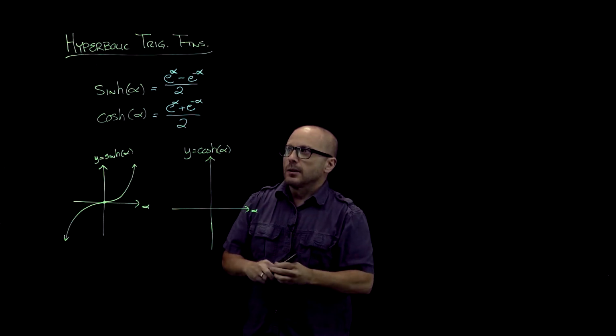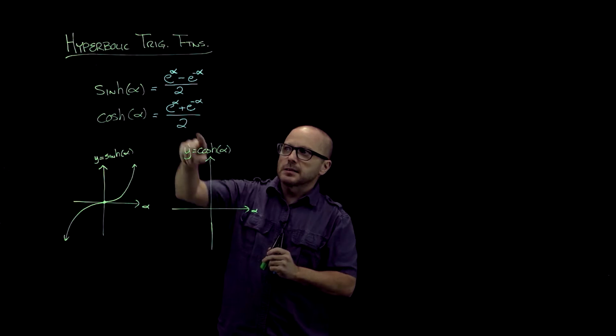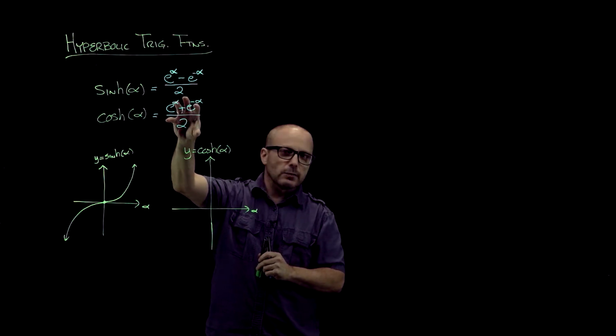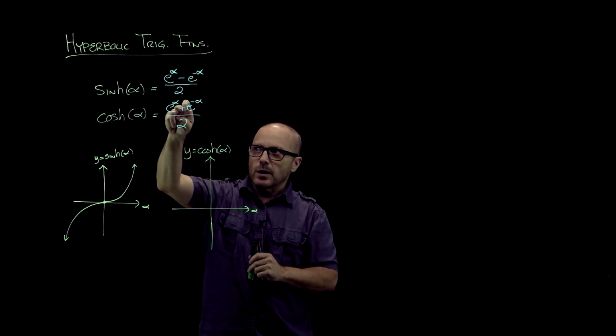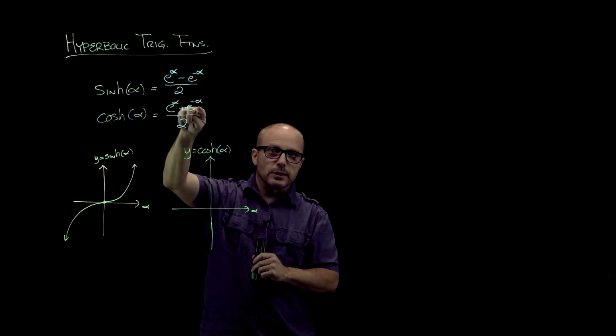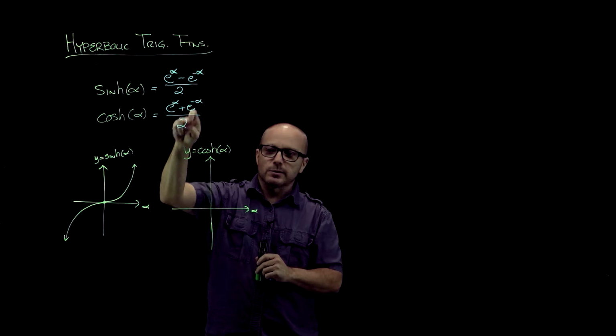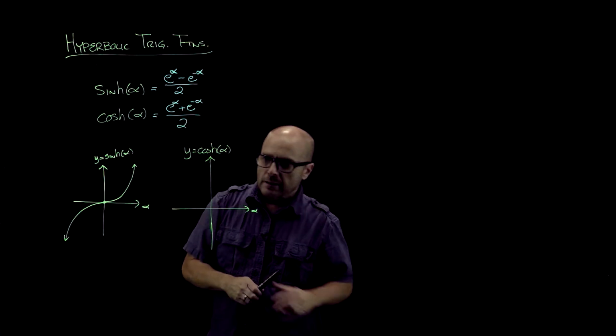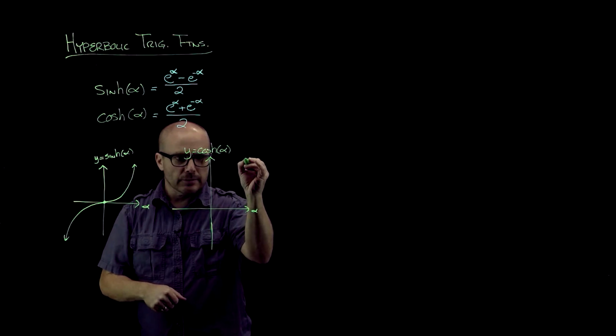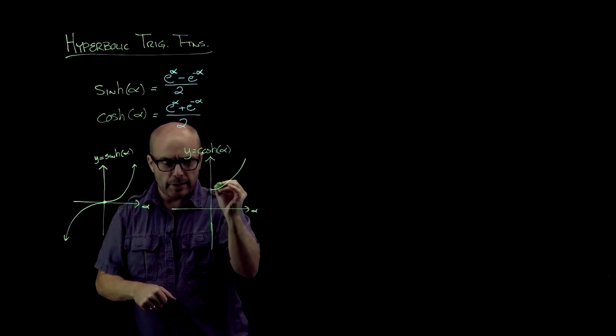What happens at 0? Well, because this is a plus, 0 is when this thing reaches its minimum, because that's when this one is 1 and this one is 1 at 0. So you have 1 plus 1 is 2 over 2. So you bottom out. So long run, you're like an exponential. You come and bottom out.